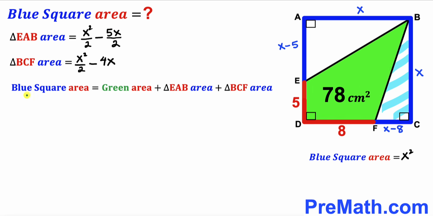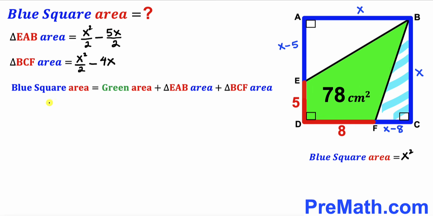Now let's recall this equation once again. The blue square area is equal to the green shaded area plus the triangle EAB area plus the triangle BCF area. We know our blue square area is x squared, and our green shaded area is 78. Let's fill in the blanks in this equation.